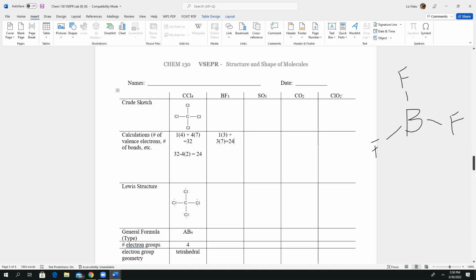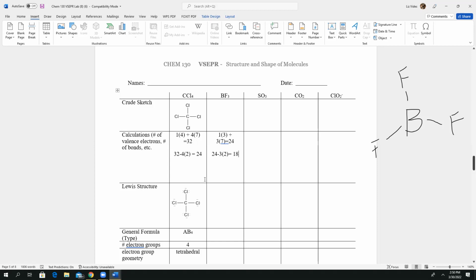So in this case it would be 24, minus, we have 3 bonds. Each bond is 2, so that would be 6. That's going to be equal to 18, right?